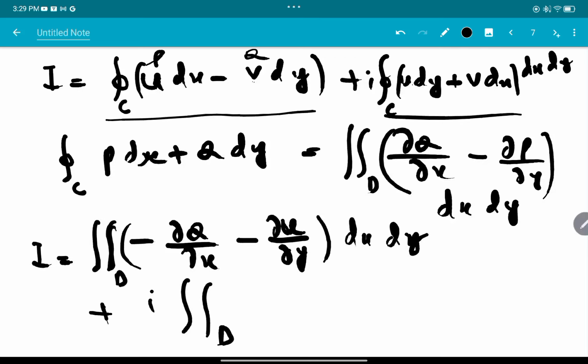It would be better if we write the dx equation first, otherwise it will create confusion, not only confusion, it will lead to a mistake by you. So please bring this to the first position and this to the second.